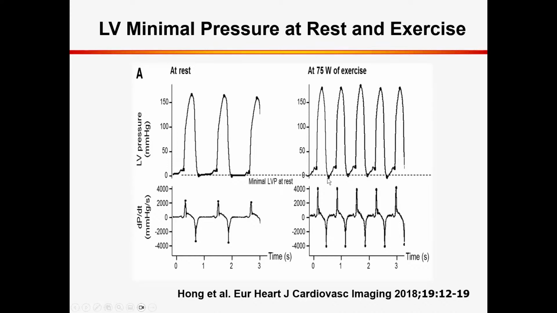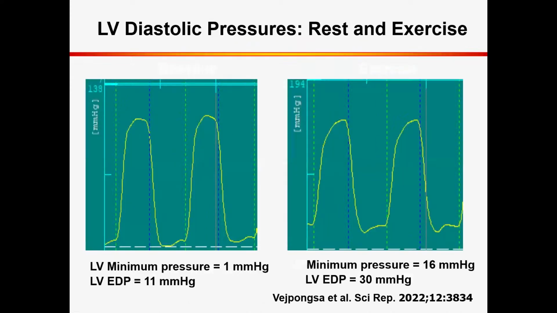But notice that the minimum pressure is now subatmospheric, below 0, because of that fast relaxation and enhanced suction. And notice that the negative dP/dt is approaching 4,000 millimeters of mercury per second, much higher than it was at baseline. So that fast relaxation is the reason for that low minimum pressure.